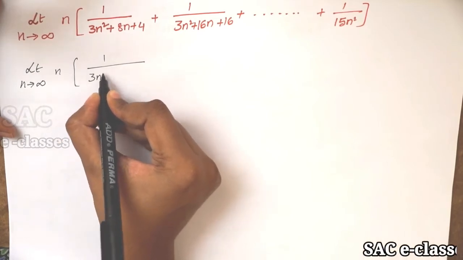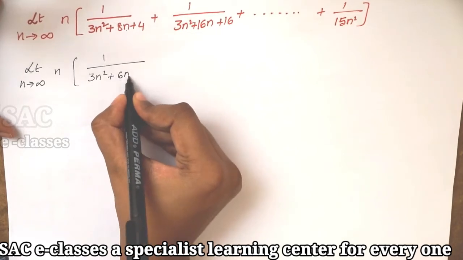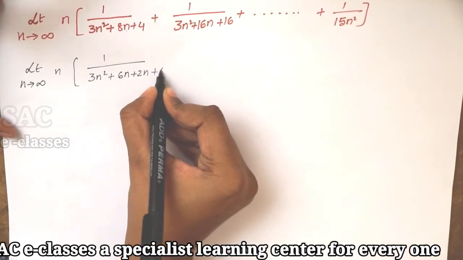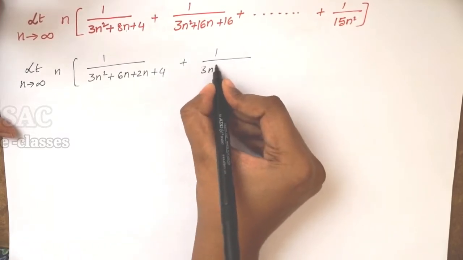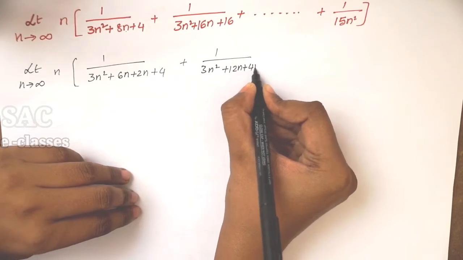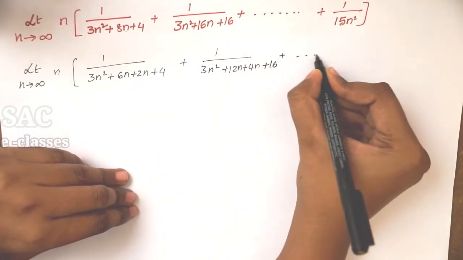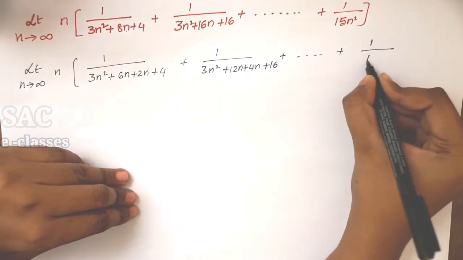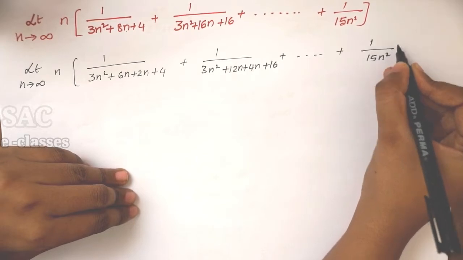For that, 3n square plus 12n plus 4, and then 3 times 16 is 48, and so on, plus 1 by 15n square. We did not get any hint for the nth term, so leave it.